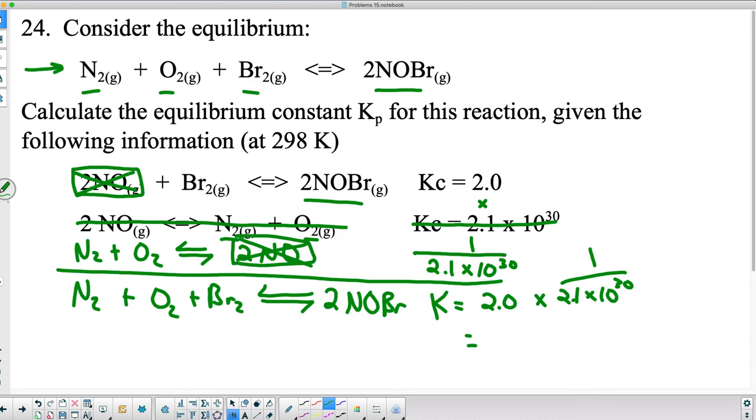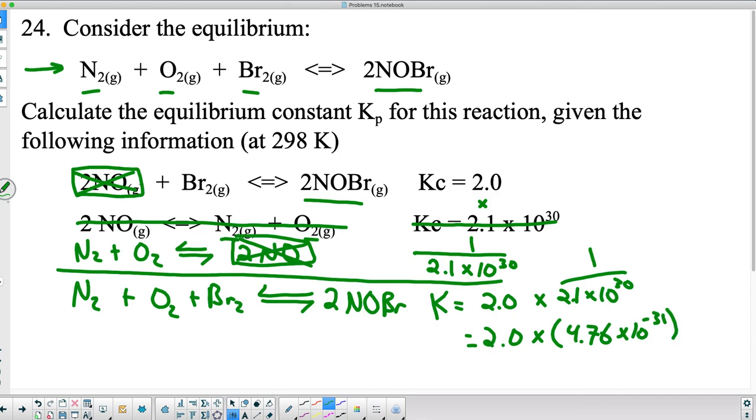I just type in 2.1 EE30 equals, and then on the iPhone, I have a 1 over X button. I hit that and it gives me, so this is going to be 2.0 times, and that's this whole number here. It's 4.76 times 10 to the negative 31st, like that.